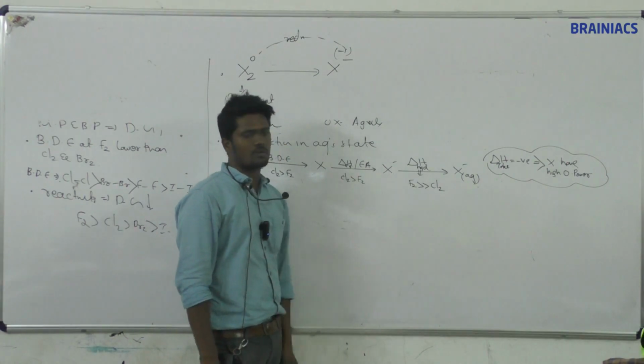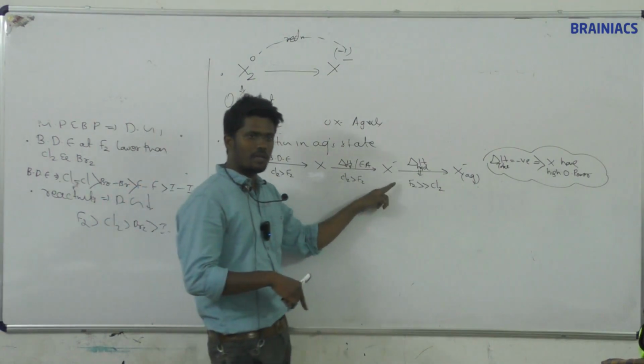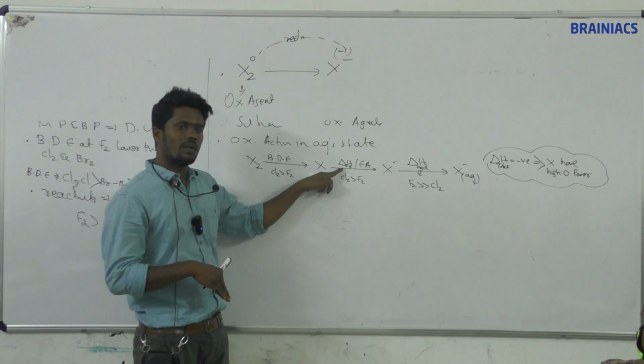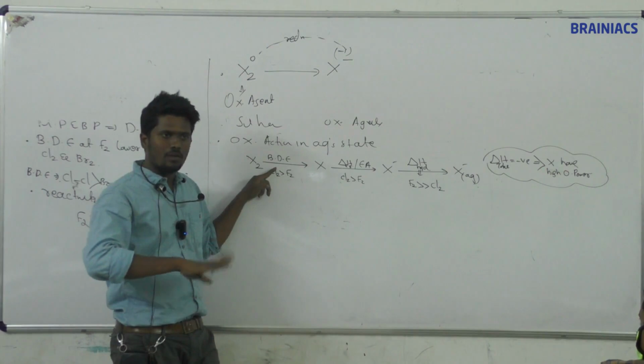So which is the strongest oxidizing agent here? Fluorine. Why? High enthalpy of hydration, even though it has lower electron gain enthalpy and bond dissociation energy than chlorine.